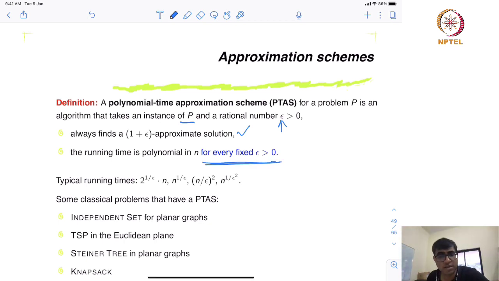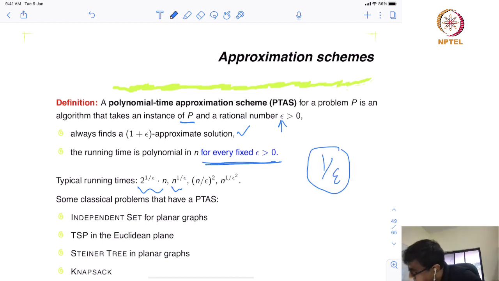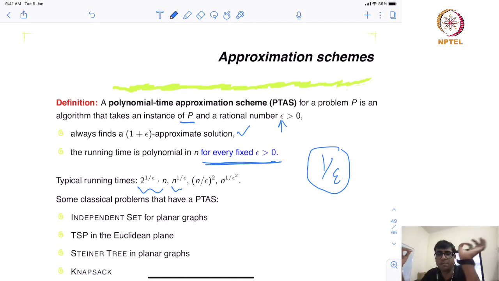So, what could the running time be? It could be 2 to the power 1 over epsilon times n, or n to the power 1 over epsilon, or (n over epsilon) to the power of 2, or n to the power 1 by epsilon squared. If you think of this, we are asking whether it is an FPT or XP algorithm in the parameter 1 over epsilon, so you can do all kinds of things here.